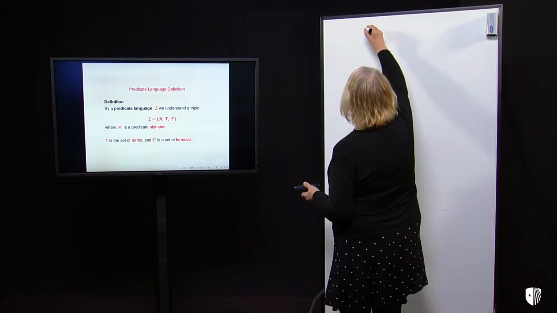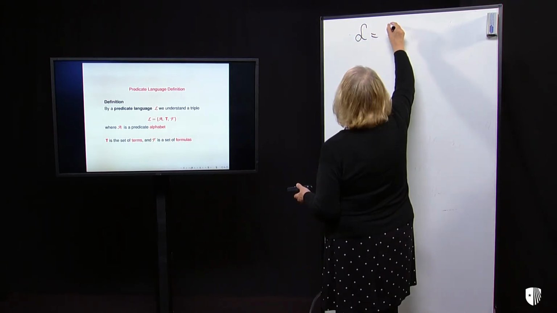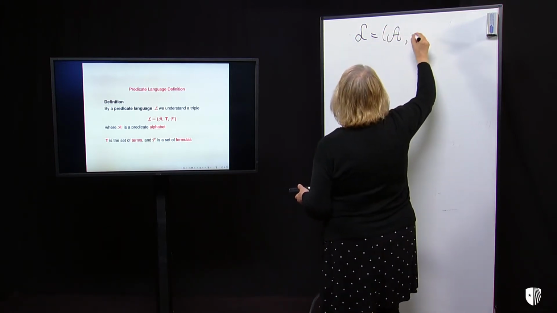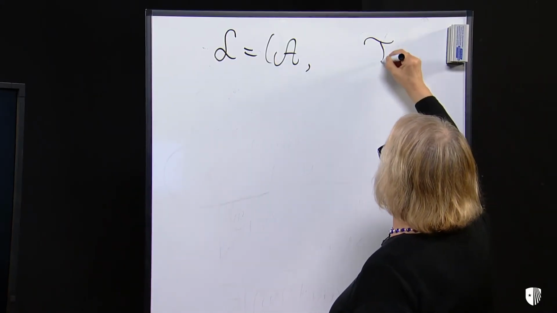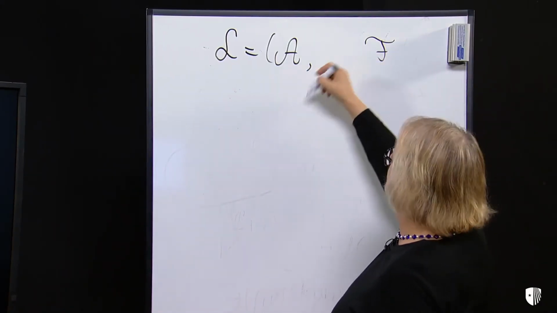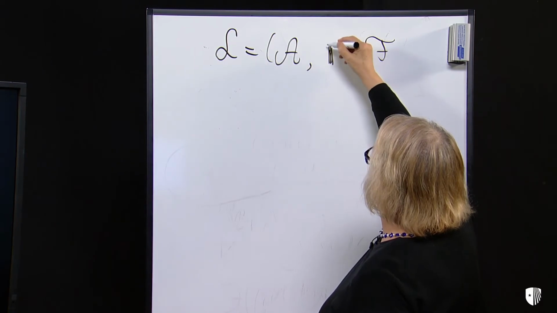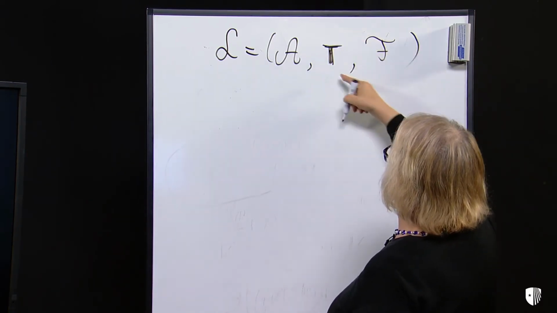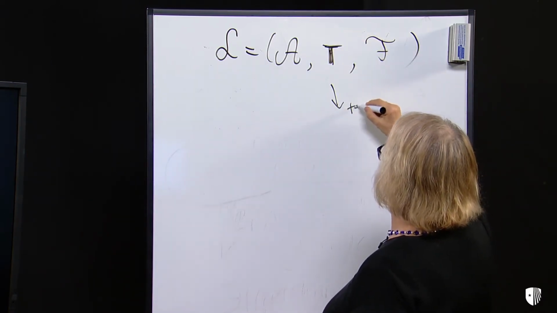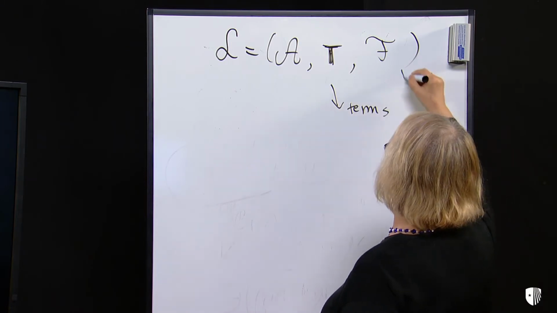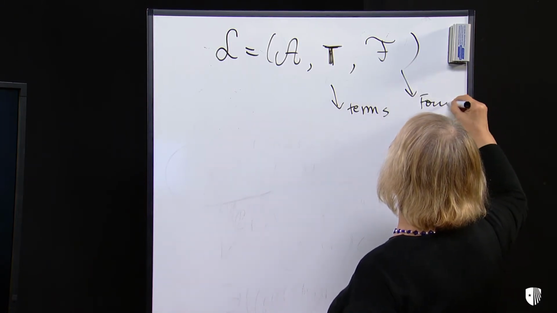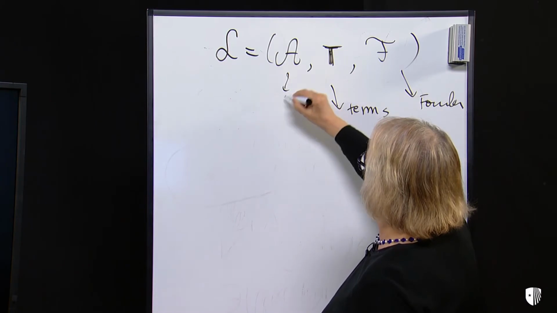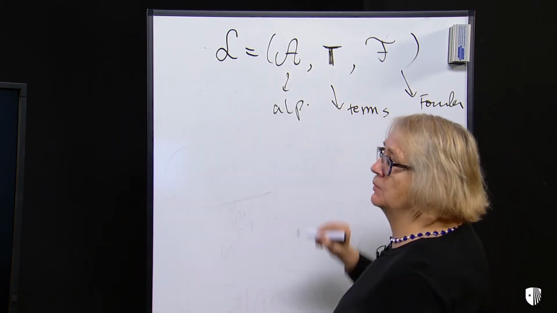So now, predicate language is, as before, alphabet and formulas. Alphabet is richer. And we have an additional set, which are called terms, and these are formulas, and this is our alphabet as it was.